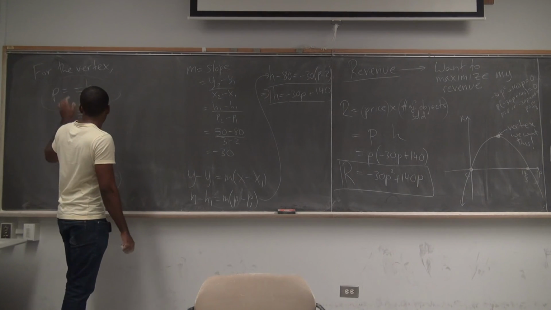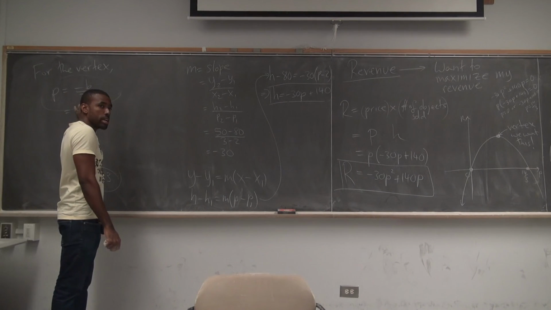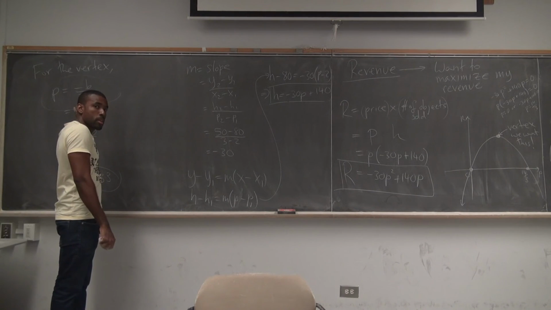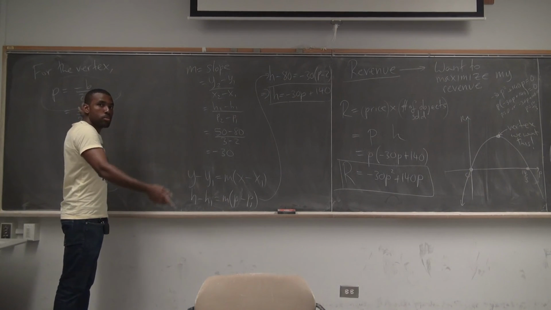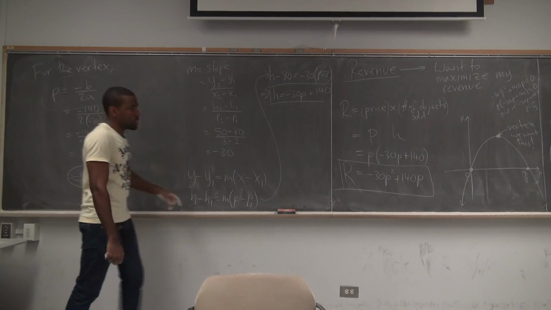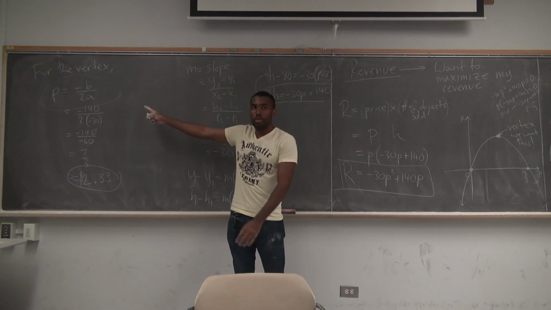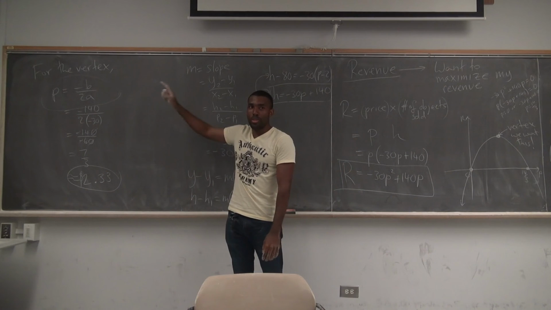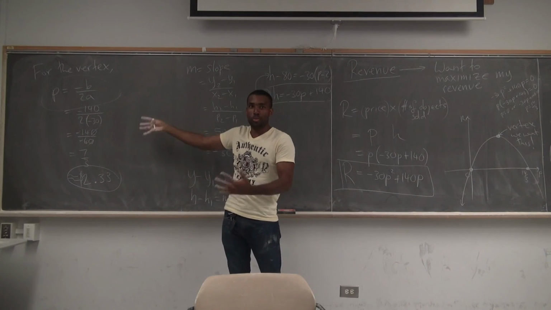I know this formula goes with quadratics and gives me a vertex, but it wouldn't have worked with any other random function. If this was p cubed here, I couldn't use that formula. That formula goes with quadratics.